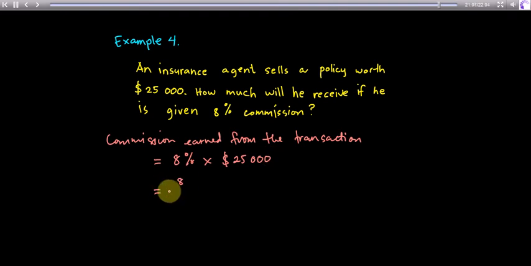So 8 over 100, changing it into a decimal, times 25,000.